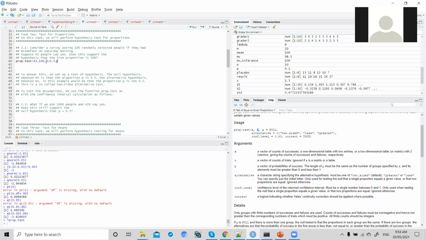Which is 0.5. Now, is this a left tail, right tail, two-sided test or one-sided test? Which test is this? It would be a two-tail test. Yes, this is a two-sided test. Two-sided or two-tailed, both are the same.